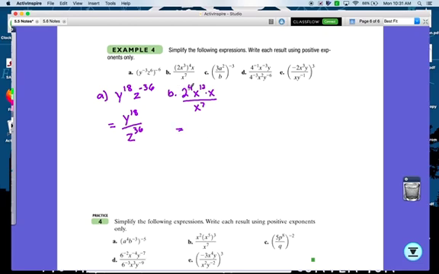All right, 2 to the 4th. 2 times 2 is 4, times 2 is 8, times 2 is 16. And then I got x to the 12th and x to the 1st multiplied, so x to the 13th. And then I have the x to the 7th on bottom. And then since I got x's on top and bottom, I can subtract. And so that gives me 16 x to the 6th. 13 minus 7 is 6.